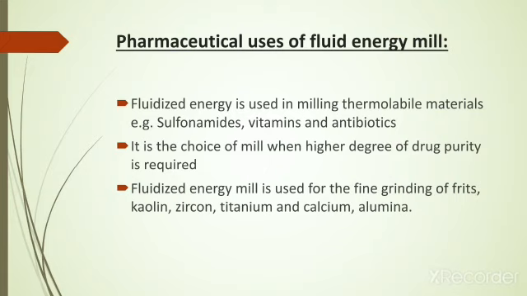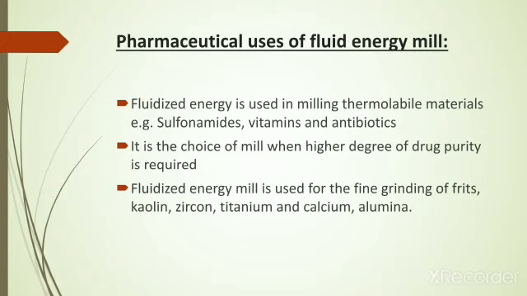Next, pharmaceutical uses of fluid energy mill. Fluid energy mill is used in milling thermolabile materials, for example sulfonamides, vitamins, and antibiotics. Thermolabile substances means those substances which are readily destroyed or deactivated by heat, like sulfonamides.